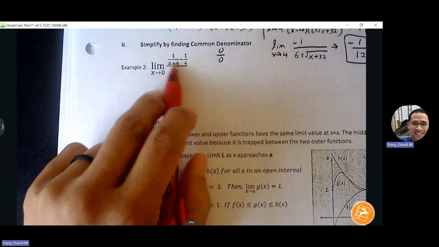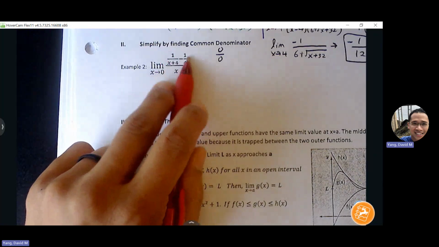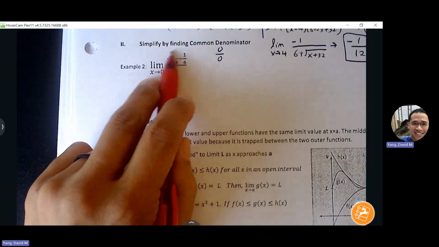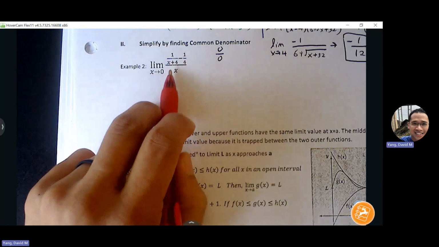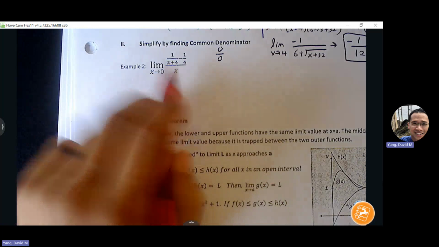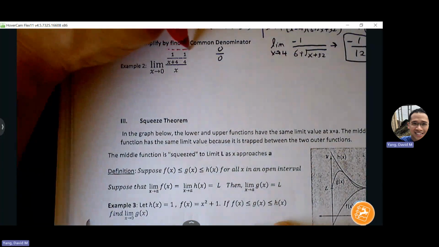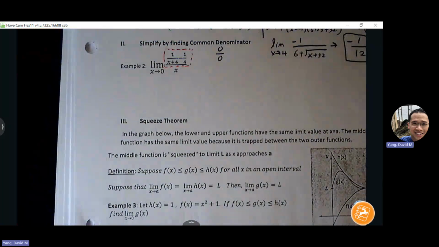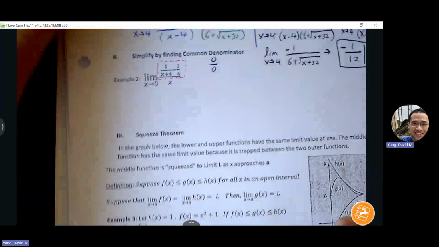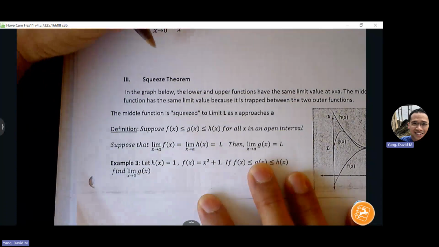So the goal is if I can do common denominators and merge these 2 fractions together, then I should be able to produce an x that will pair up with this x. So let's focus our attention on just the cleanup of this portion. I'm going to figure out how to merge those fractions together, and to do that, I need to find common denominators.